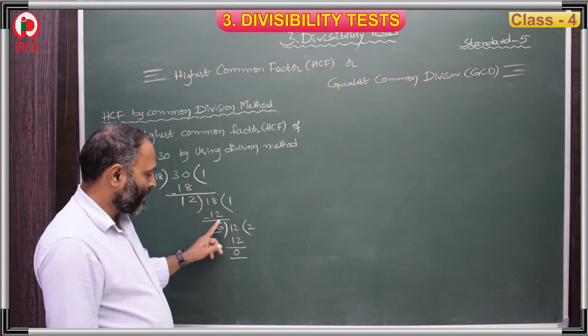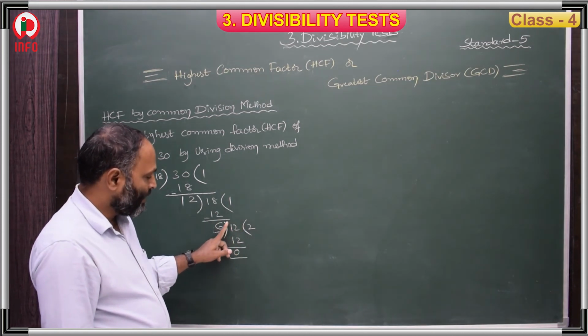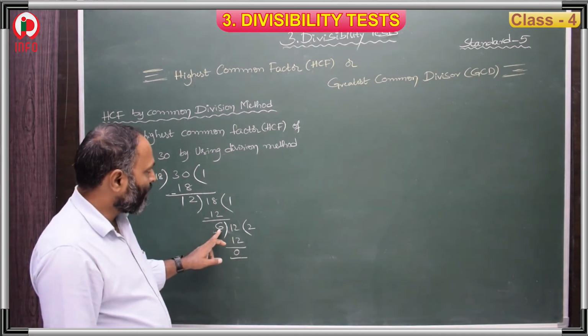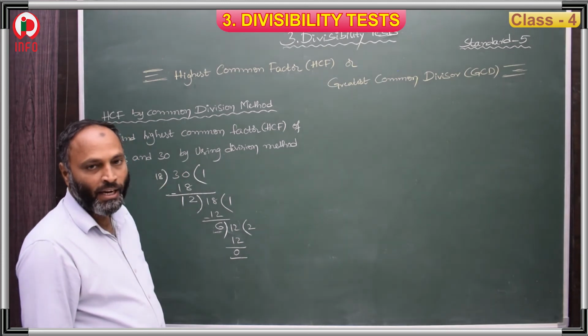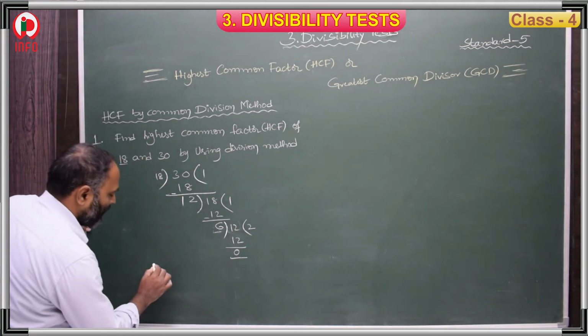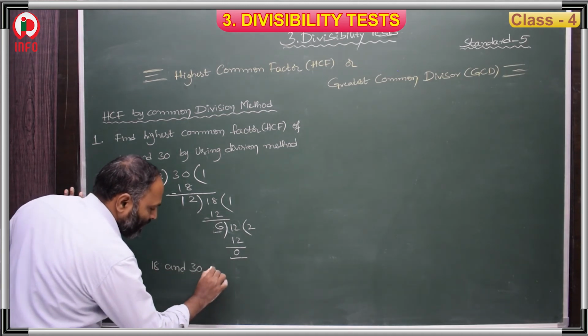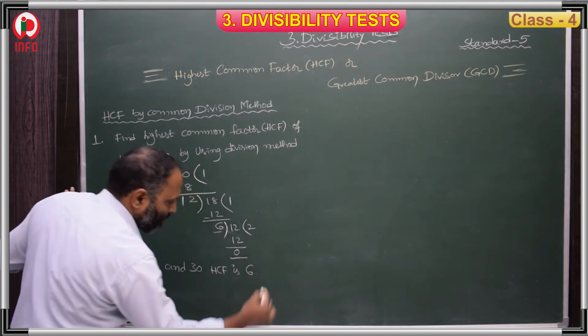So in this case, this divisor completely divides this dividend. That is why this divisor is called the HCF of 18 and 30. HCF is 6.